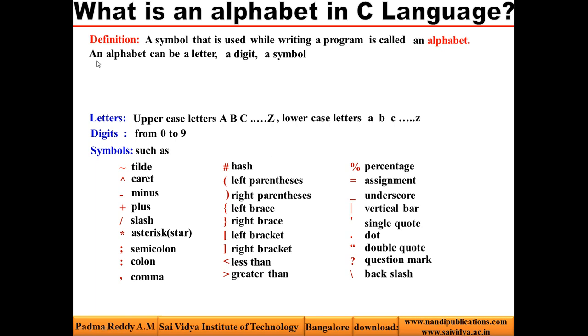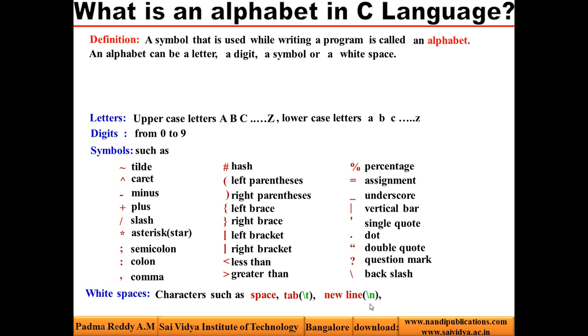So an alphabet can be a letter, a digit, a symbol, or a white space. Now let us see what we mean by white space. Characters such as space, then we have tab. Tab is denoted by \t. We have the new line character.